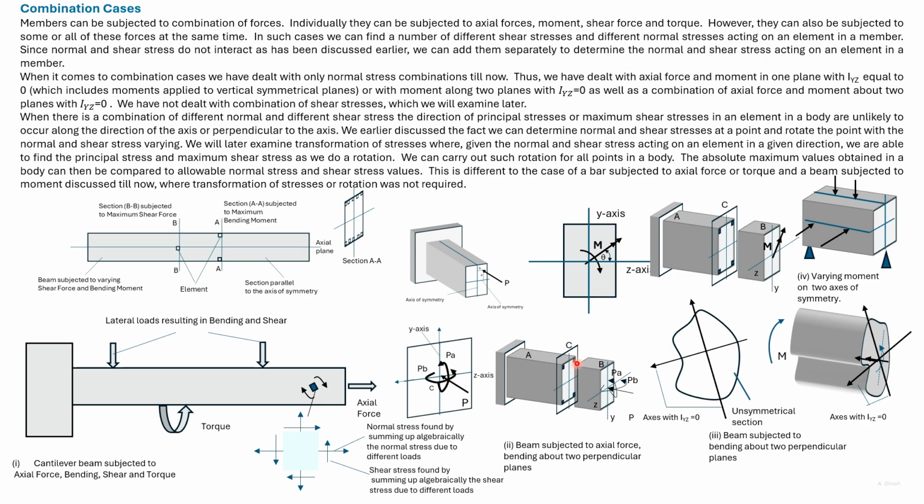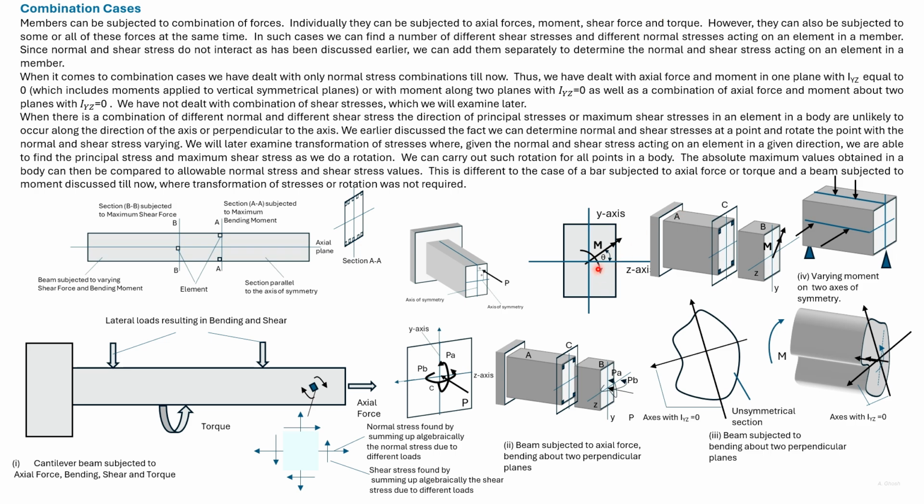Earlier we have seen that if we take a section of this member, then the maximum tensile and compressive stresses will occur at one of the corner points for the general case. Consider this case where the moment applied is not aligned with any axis.